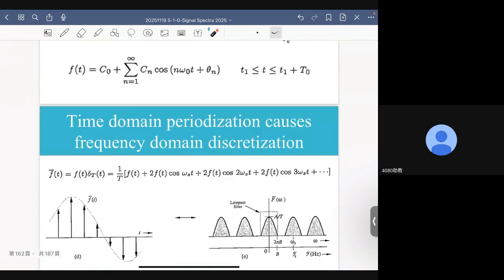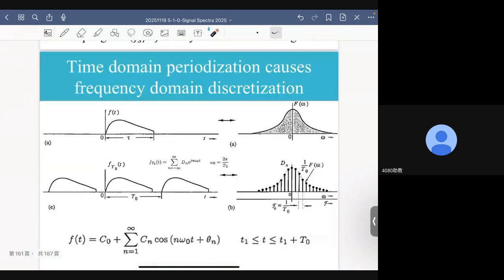Now, what we have here is a time-limited signal, because the duration of that signal is only tau. Outside this segment, which has a length of tau, everything is zero. Apparently, it's a non-periodic signal. You don't see its appearance repeat itself in the time domain.